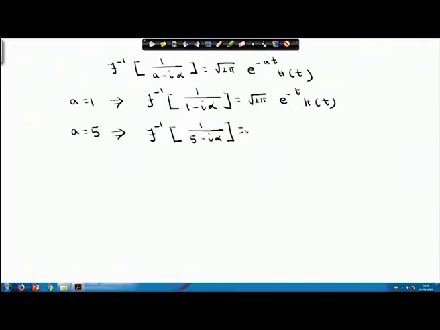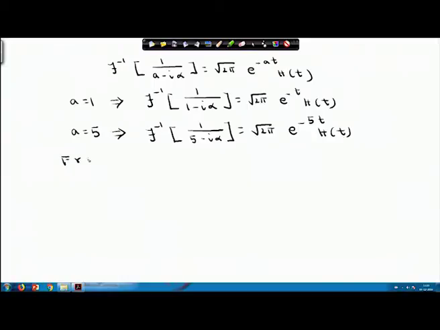That is the reason we developed the generic one and obtained the Fourier inverse of 1 by (a - iα). So this is root over 2 by π into e^(-5t) into h(t), where h(t) is the unit Heaviside function.